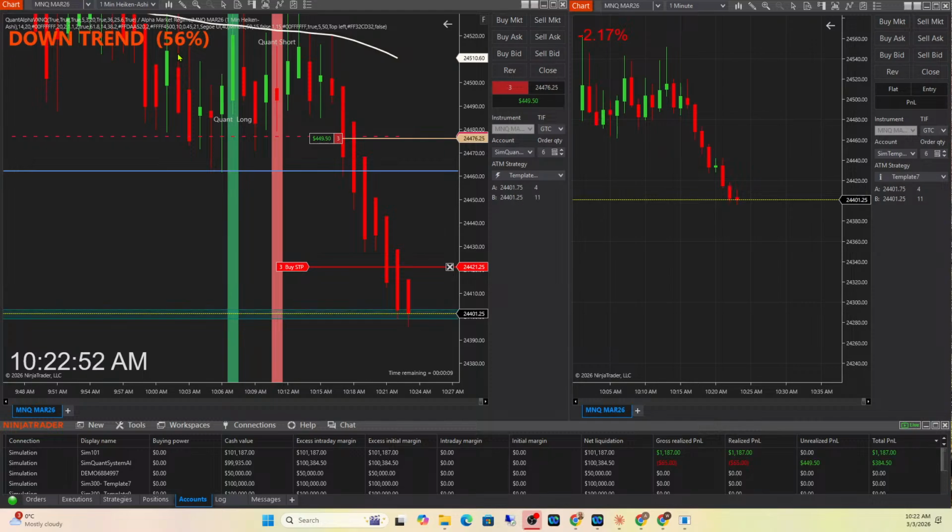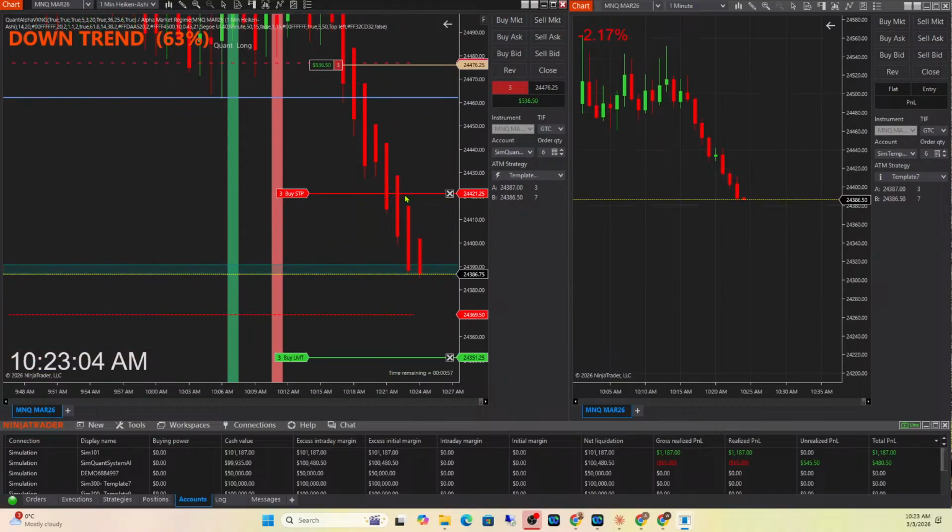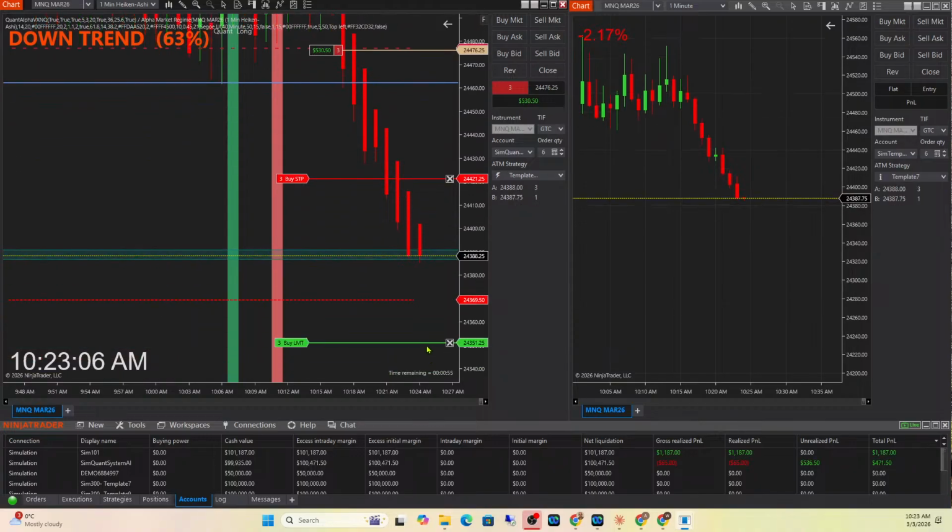I trade a personal account, yes, but micro. Look at this, man. It's going to almost hit the target. Target is 500 ticks. Yesterday it hit the target, so yesterday it hit the 500 ticks profit. So we'll see if it happens today.